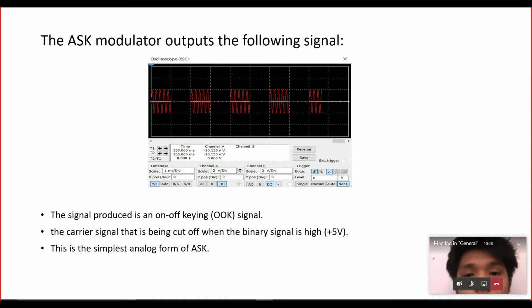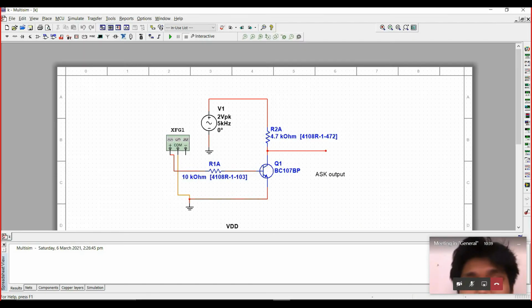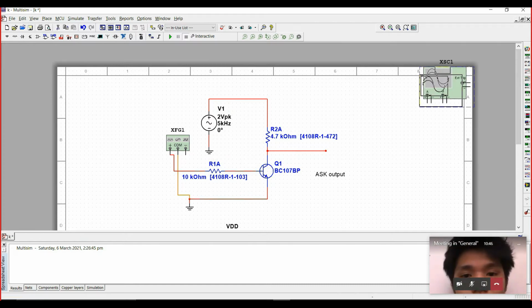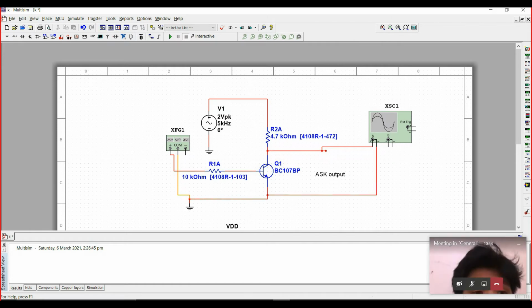The ASK modulator outputs the following signal. Ayan po yung output niya. So para makita yung output, gagamit ng oscilloscope.